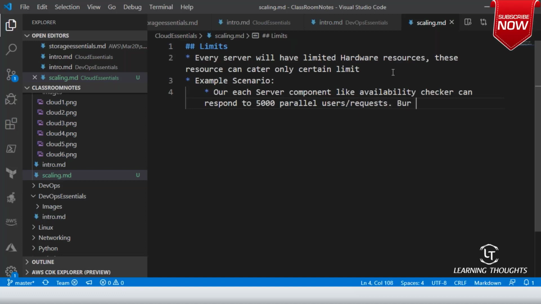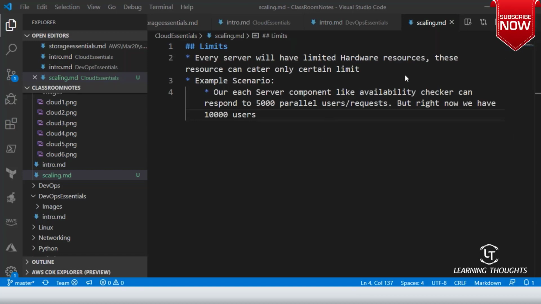But right now we have, let me not make it 25,000. Let me just make it simple. Let me say that we have 10,000 users. Now, what do you think is a better solution for us?